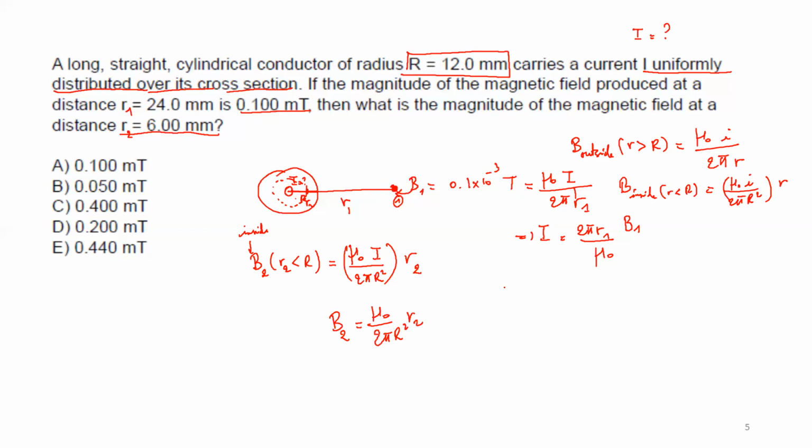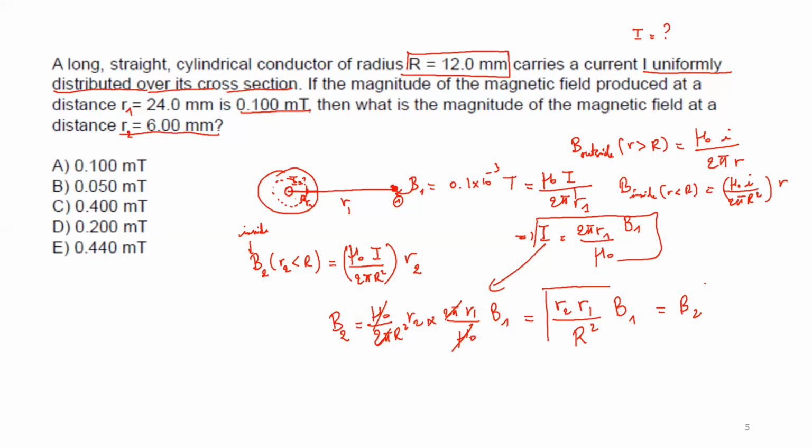Now I will take the formula for I and plug it in: 2 pi R1 B1 divided by mu naught. The 2 pi will simplify, mu naught will simplify, and I have that B2 is R2 R1 divided by radius square, multiplied by B1. This is my B2.